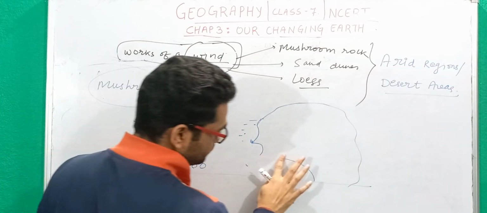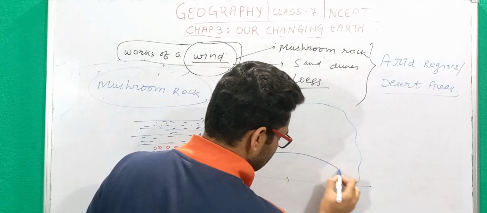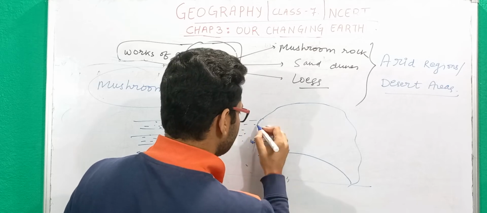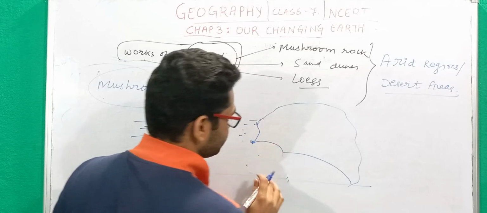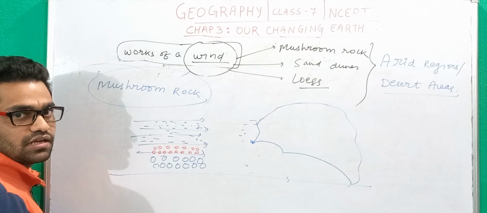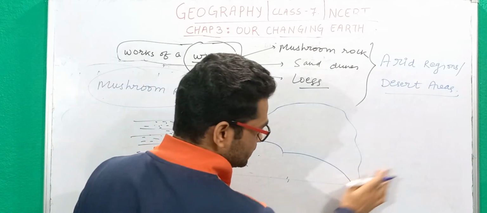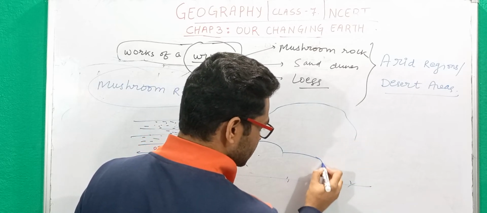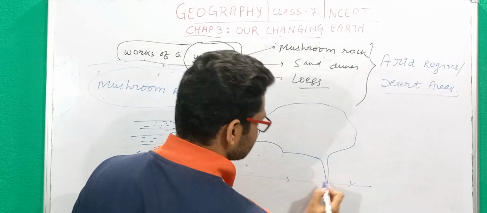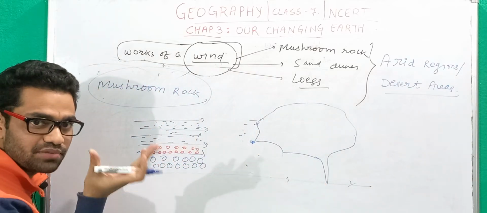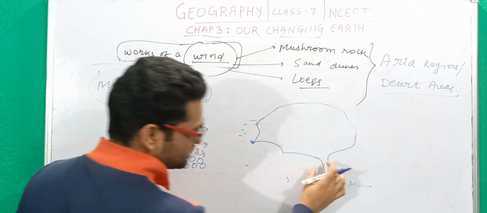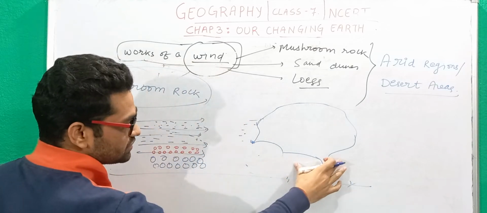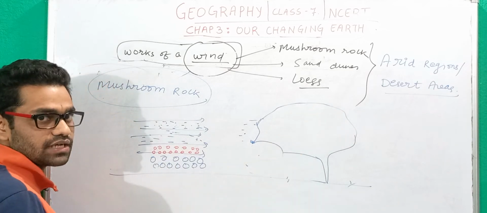Again the same process will repeat, and you will find that a very small piece is left at the bottom. This activity is also occurring from this side. So actually this gets formed like this. You will have an umbrella-like structure. This is a very thin rock structure, and over it a large structure gets formed.